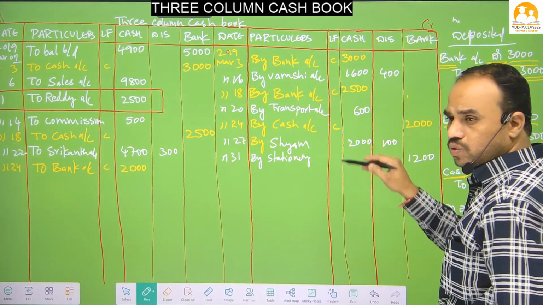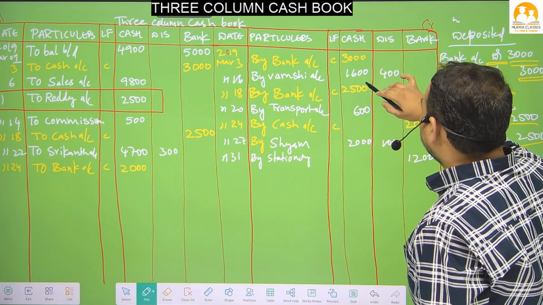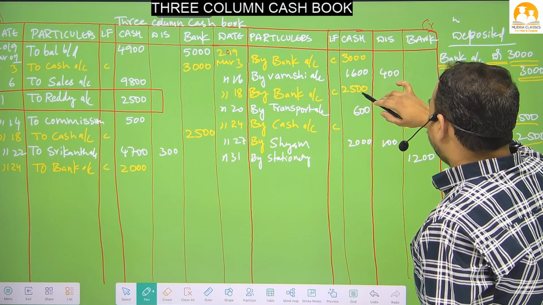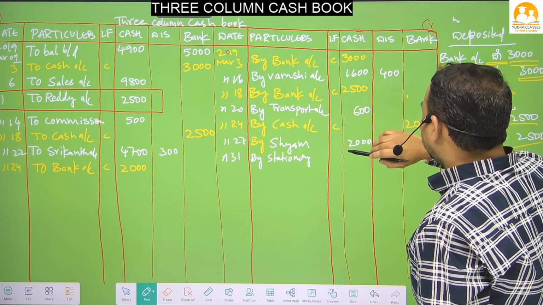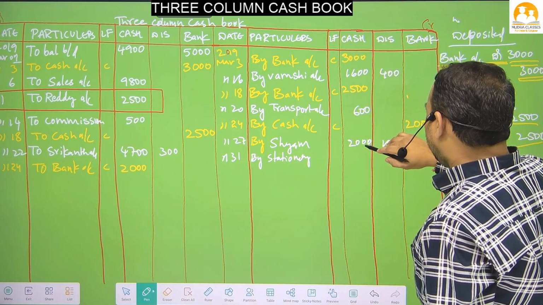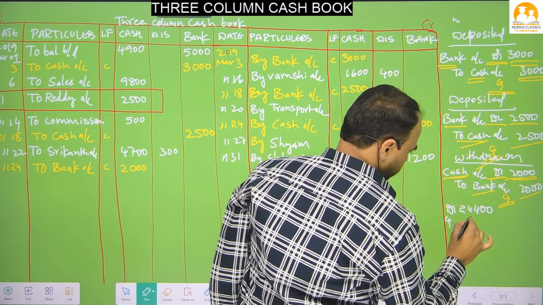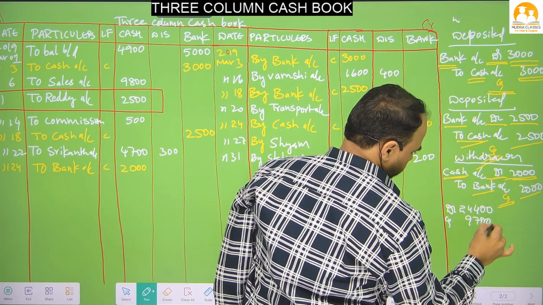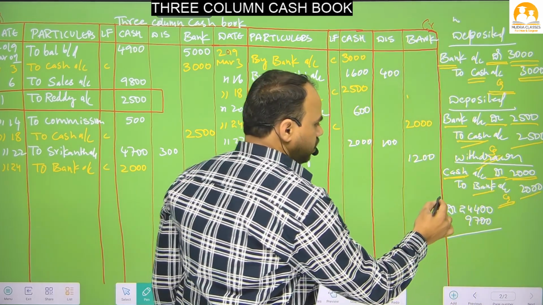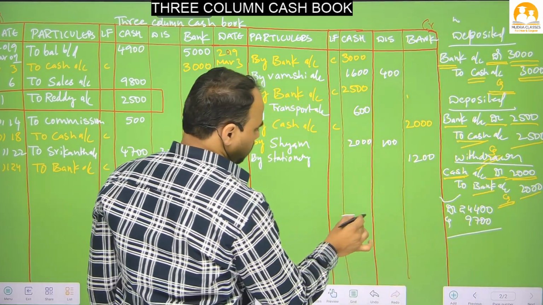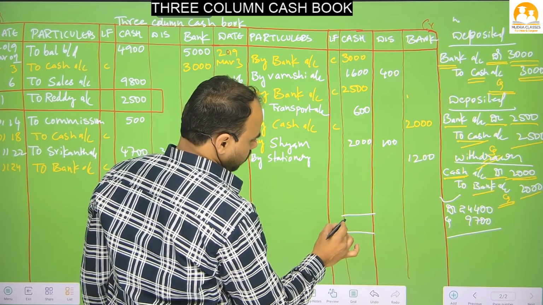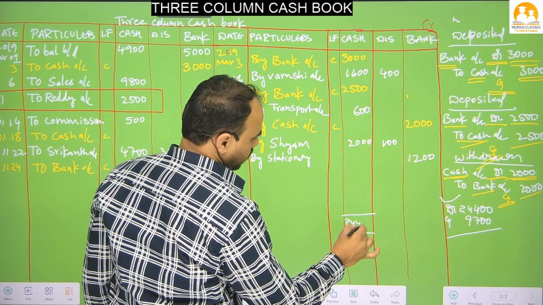Right, now we will see the credit side total. Credit side cash column total also we have to do: 3,000, 4,600, 5,100, 7,100, 7,700, 9,700. So the credit side total is 9,700. Both are not equal. Debit is the big amount, so on both sides write that big amount, 24,400.